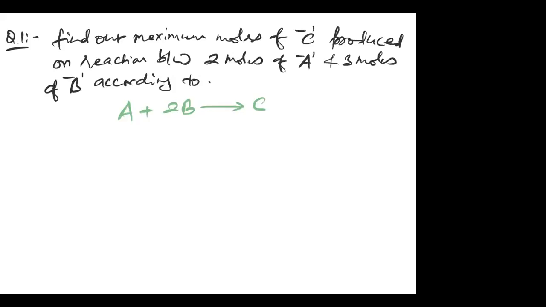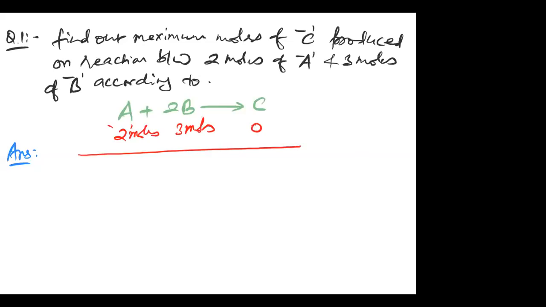So first, you have to find out the limiting reagent. The stoichiometry of A, B, and C is 1:2:1. Here it is 2 moles of A and 3 moles of B, and C is obviously 0. So you first have to find the limiting reagent out of A and B. Just think which one should be the limiting reagent.